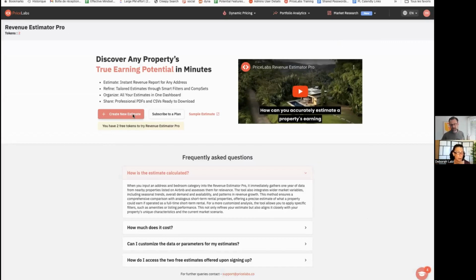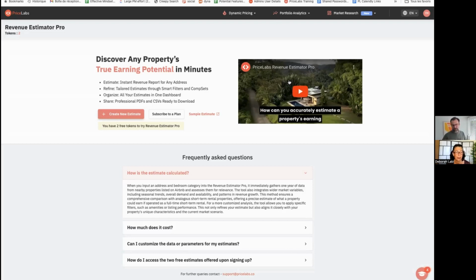It will help you get a quick snapshot of the revenue potential for each property, each address in the world. And again, you'll be able to say, I only want to see beachfront, only want most performing ones. And then you have a dashboard where you have all these estimates just made for the owners you're talking to at the moment. And maybe the owner takes a month to discuss. You can even refresh the estimate if you need to.